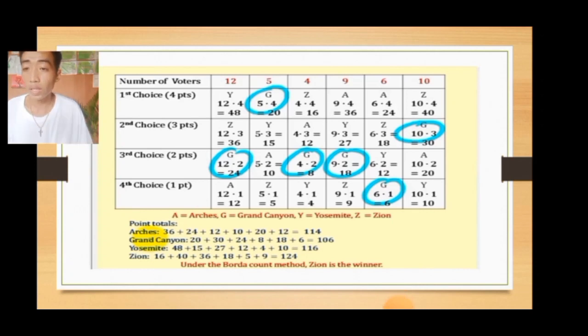The total is 20 plus 30 plus 24 plus 8 plus 18 plus 6 equals 106.